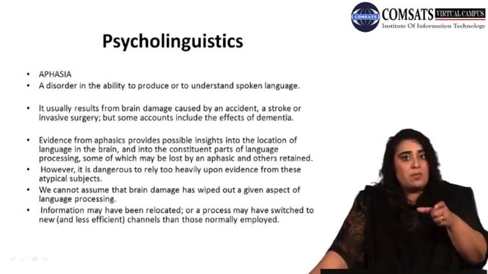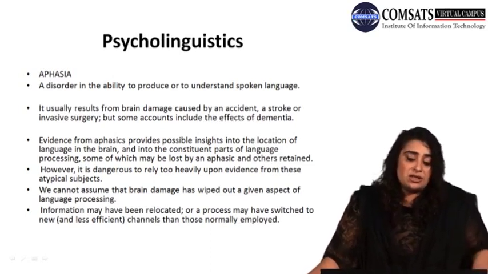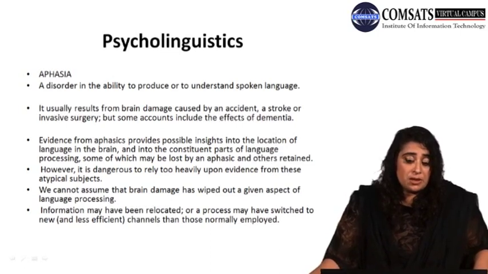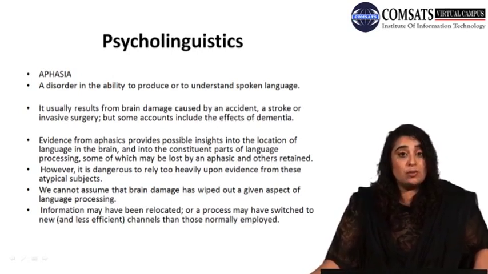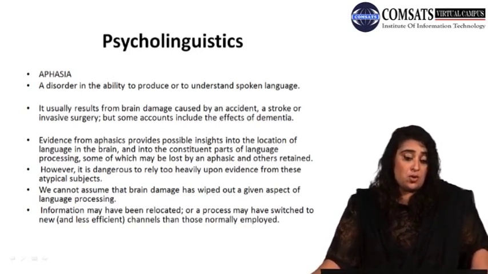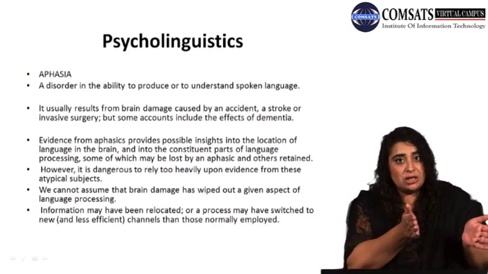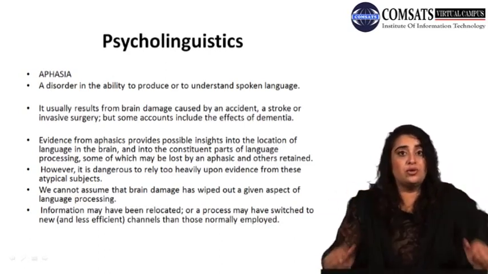Maybe if one part of the brain is damaged, then our information has been relocated to another part of our brain. Or a process may be switched to new and less efficient channels than those we would normally employ.